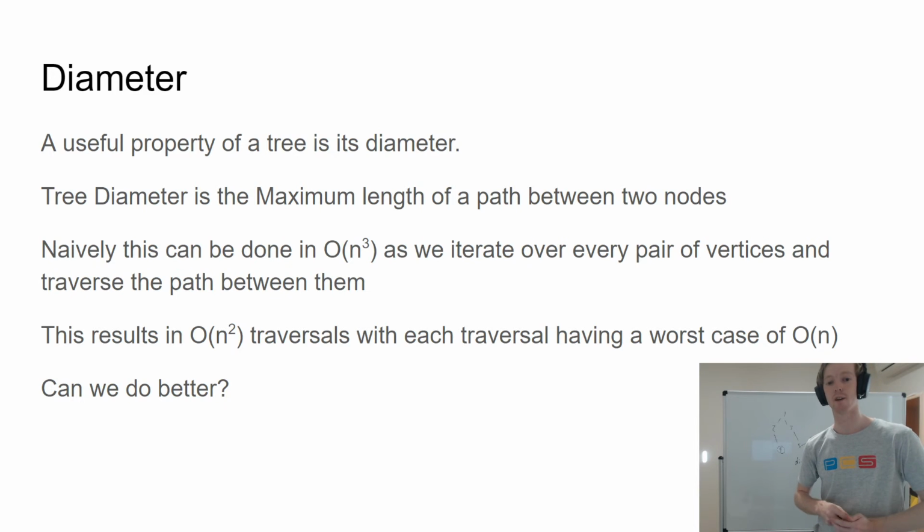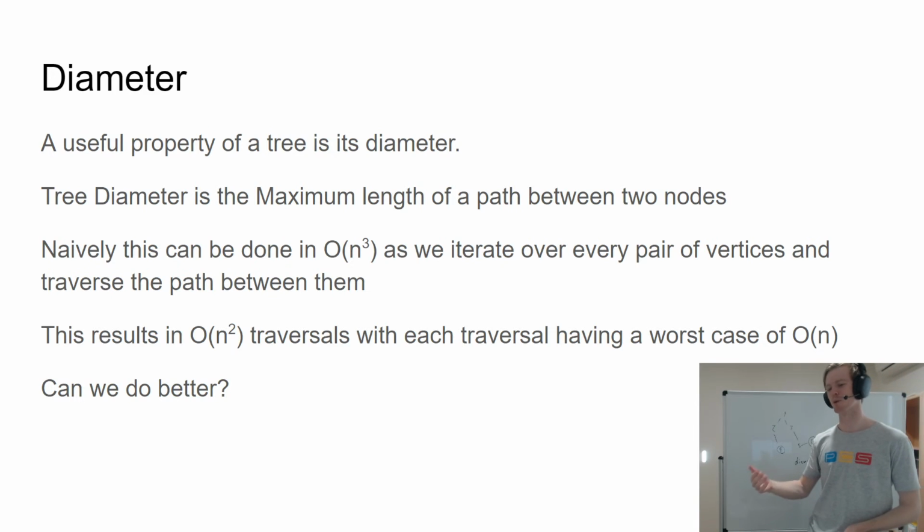So naively, we can compute tree diameter by looking at every single traversal possible on the tree. There's n nodes, and if we iterate over every pair of nodes and then traverse between every pair of nodes, we'll find that the complexity of this would be O of n cubed.